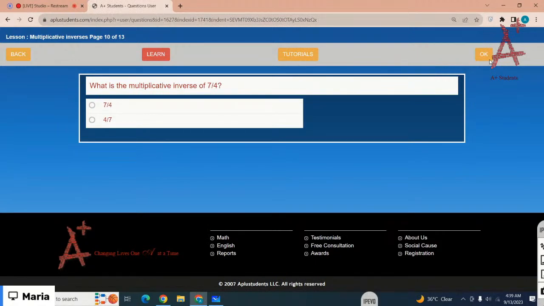What is the multiplicative inverse of 7 over 4? That would be 4 over 7.